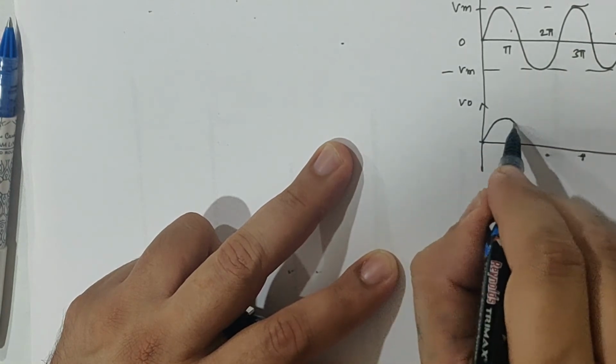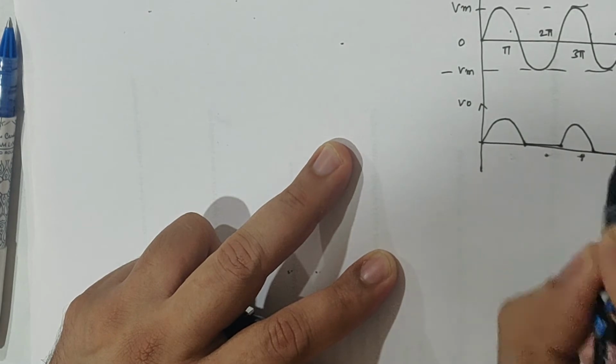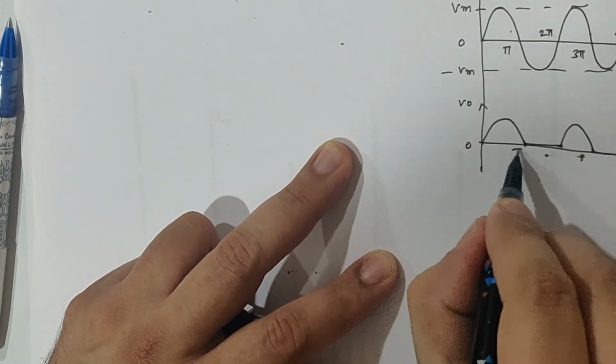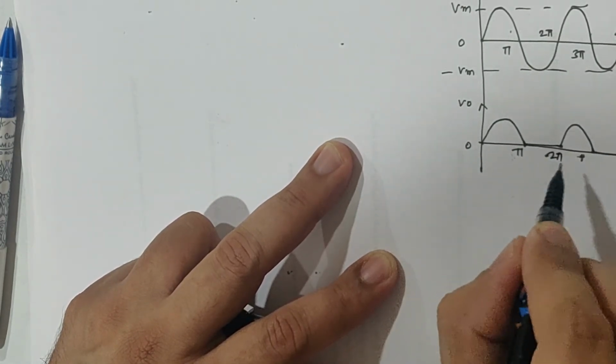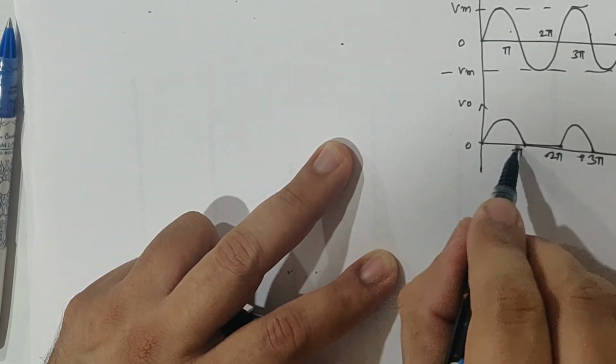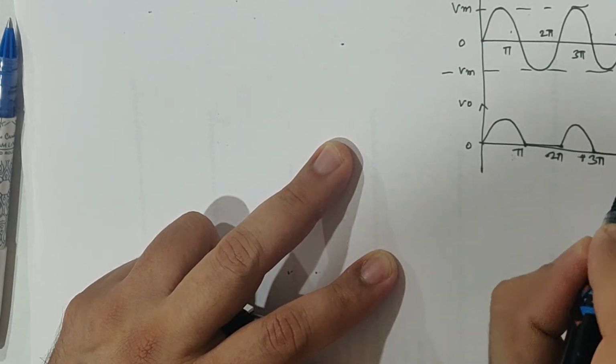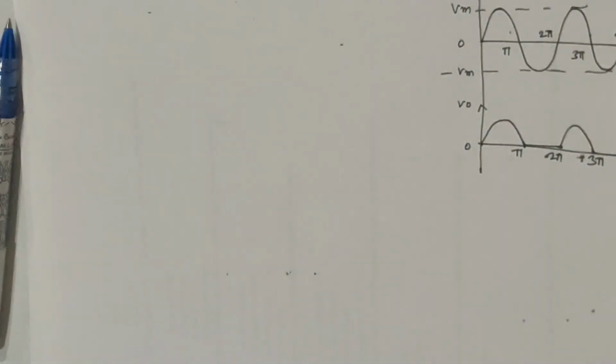So it will only be the positive half cycle, no negative half cycle, then positive half cycle, and no negative half cycle. 0 to pi, 2 pi, 3 pi, this is your 4 pi. Okay, so this is going to be the output.